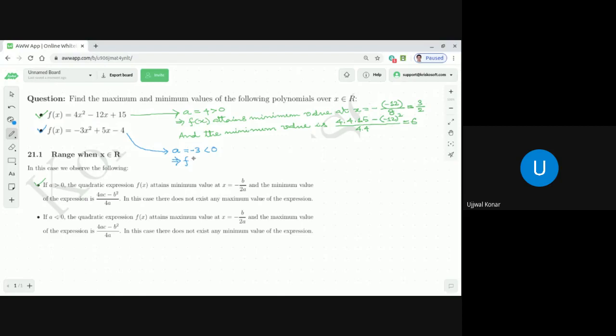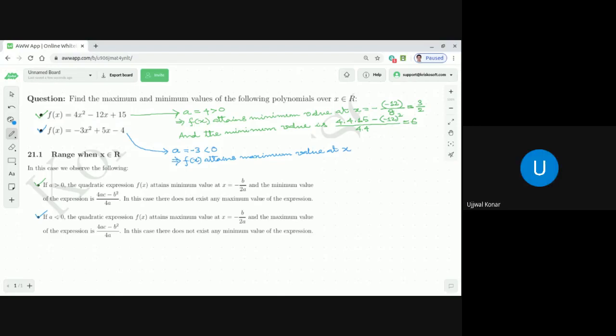As −3 is less than 0, this implies f(x) attains a maximum value at x = −b/2a. Correct or not? Clear or not clear?